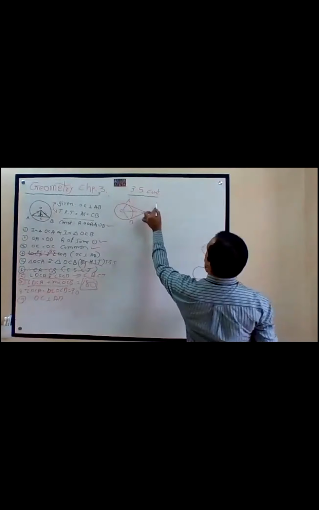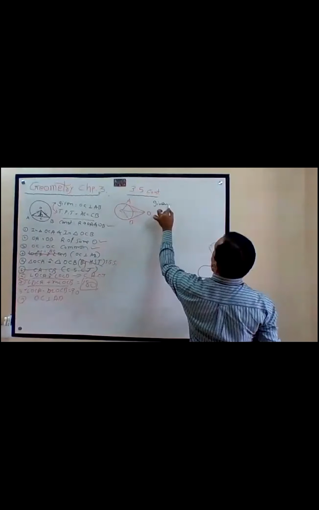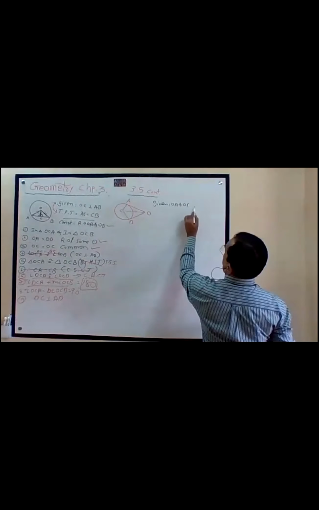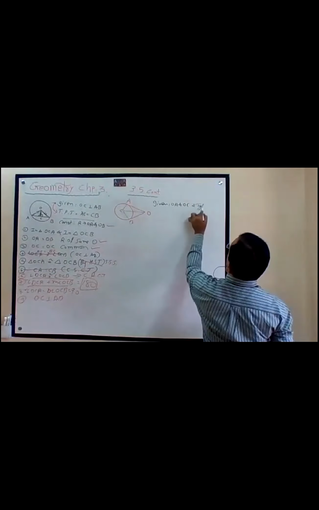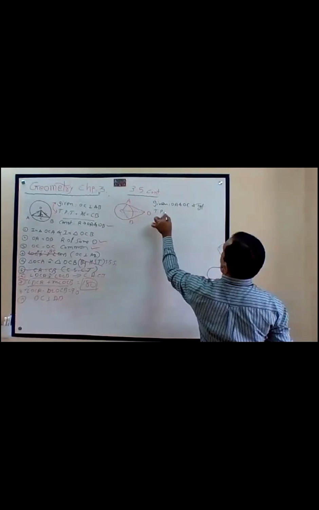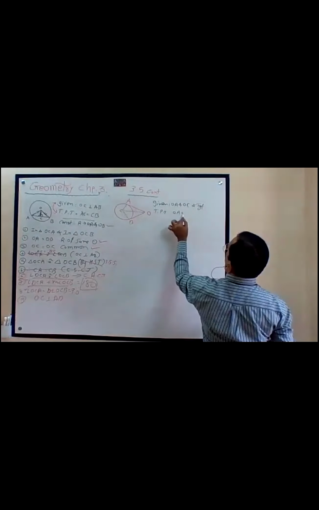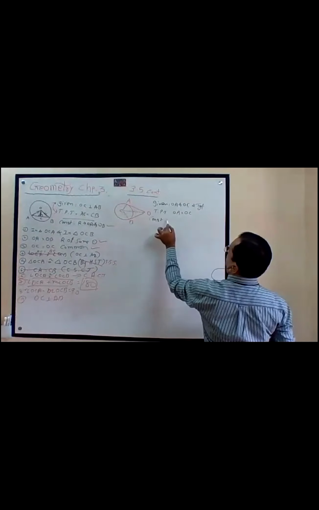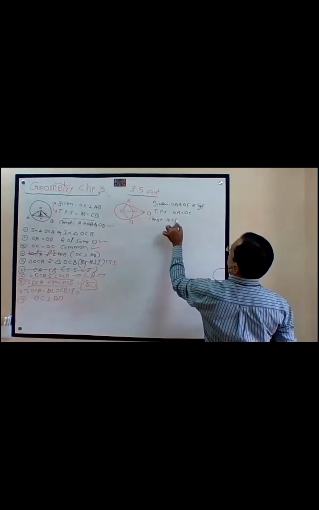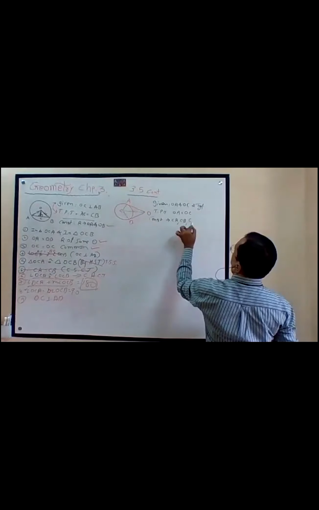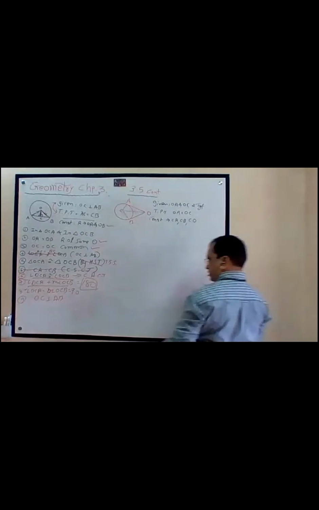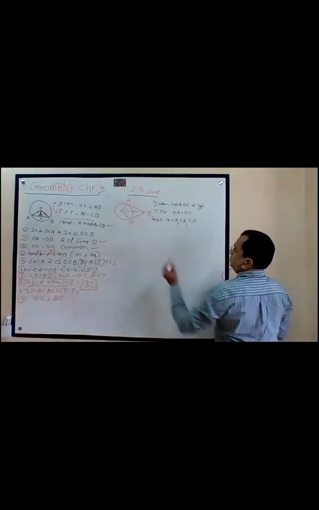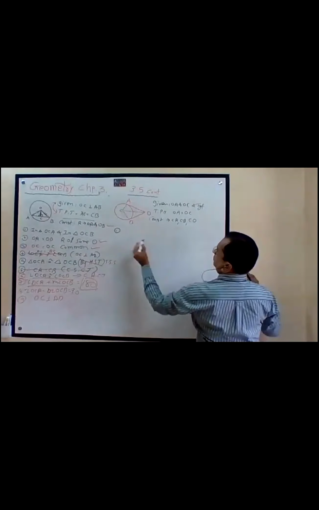We will write what is given: OA and OC, two tangents. To prove that OA is equal to OC. Construction, three constructions: CA, CB, CO. Now, proof, number 1.